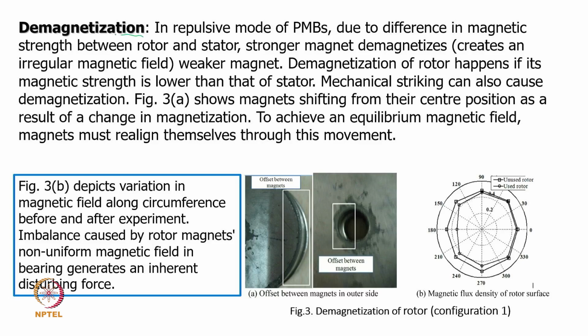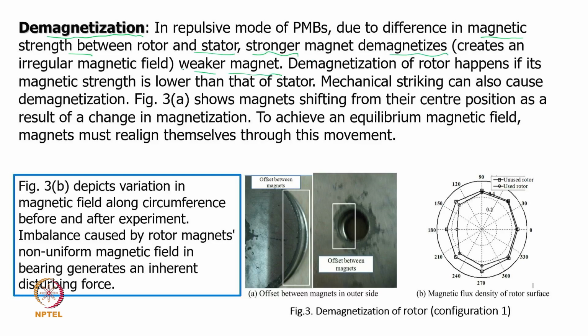The next one was demagnetization. We also learned that if we are using a permanent magnet bearing, with a rotor magnet and a stator magnet, and there is a difference in the magnetic strength of the stator and the rotor, the stronger magnet will demagnetize the weaker magnet.